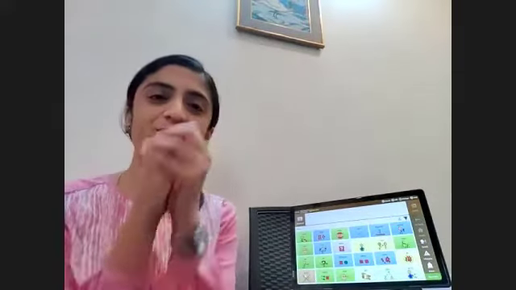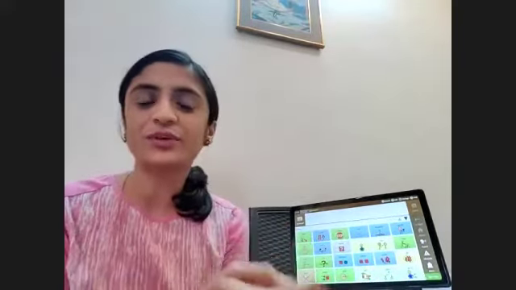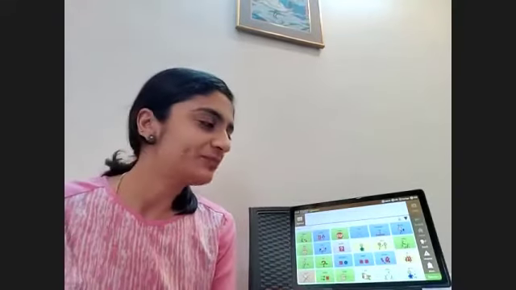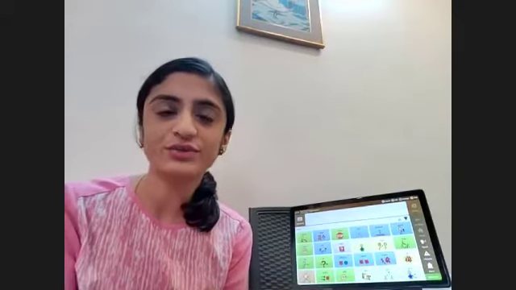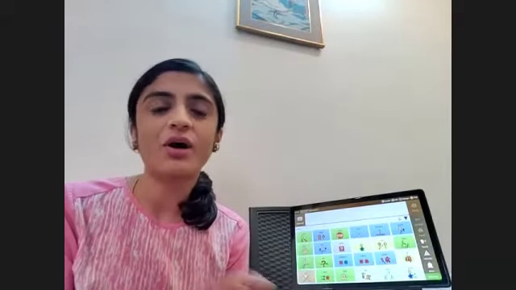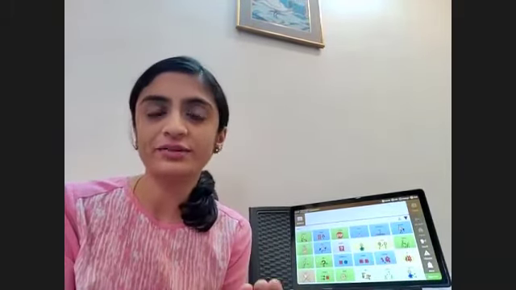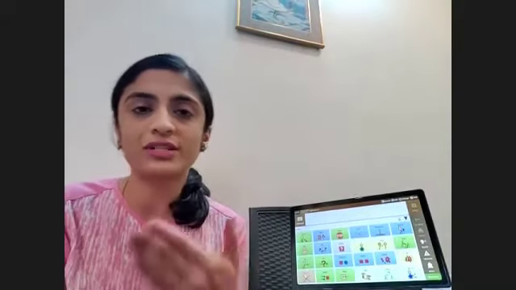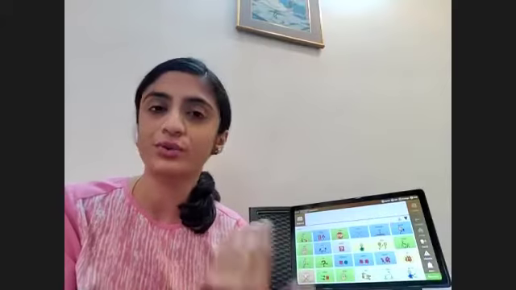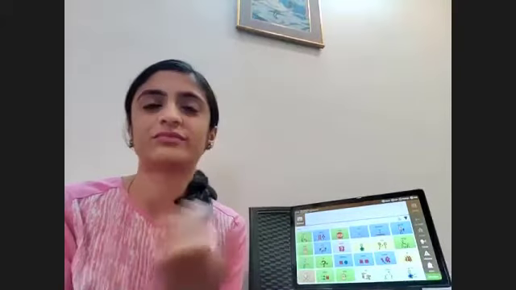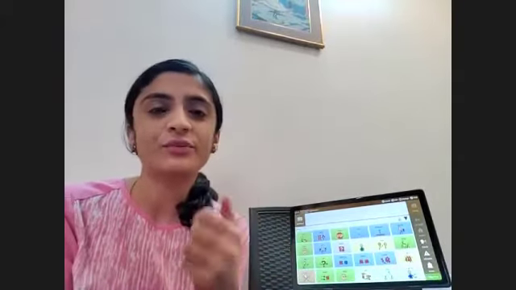So now that the book is finished, I just wanted to share some tips. As you might have seen, I was modeling a lot of language using this book. But if your Avaz user is just starting out, you can model just fewer words with a book. So for example, if it was this book, you could have just modeled the word go, like where did Farida go? Where did Farida go? Another one could be what.